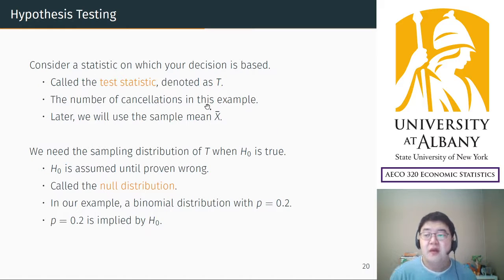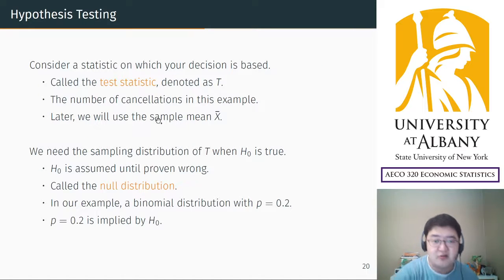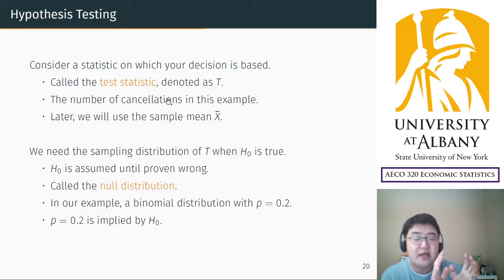Then the next step. So we finished our setup, and what you do next is to define a statistic on which your decision is based. Of course, in the first and second steps, you set up your hypothesis and how strict you are, your degree of rejection. And now you collect the data and you look at the data.